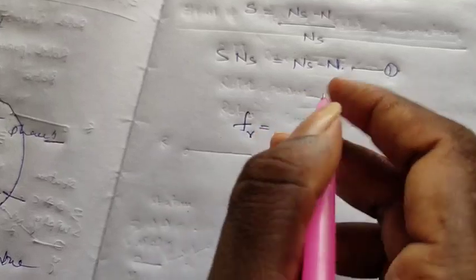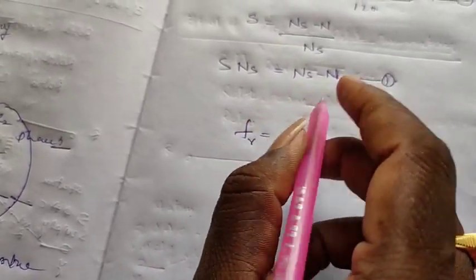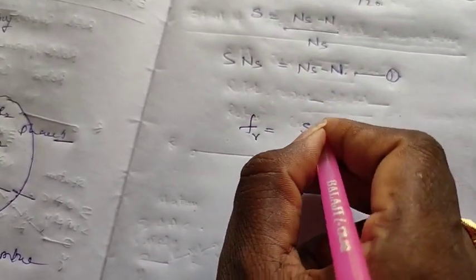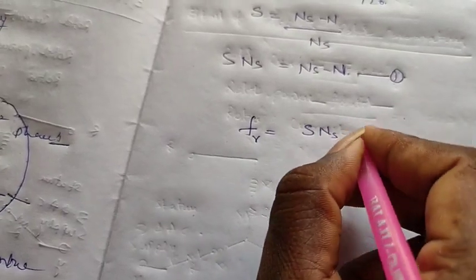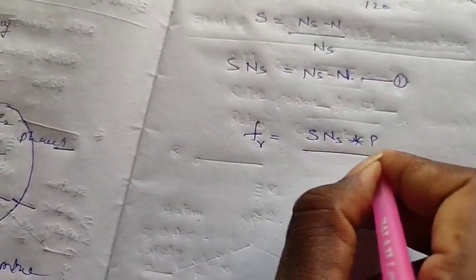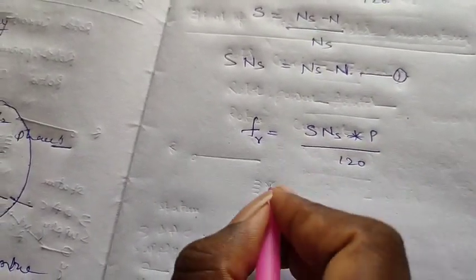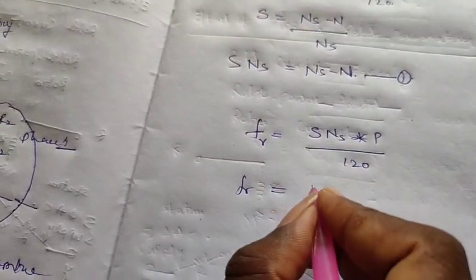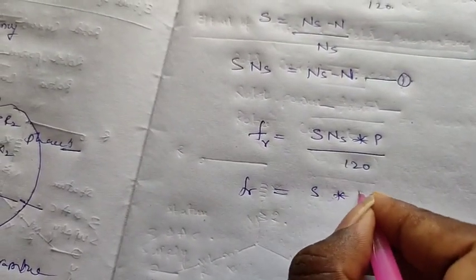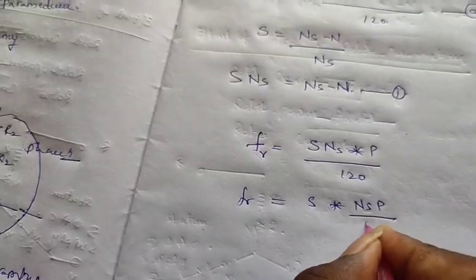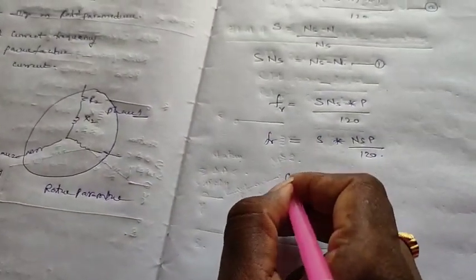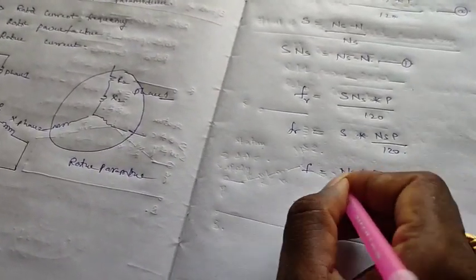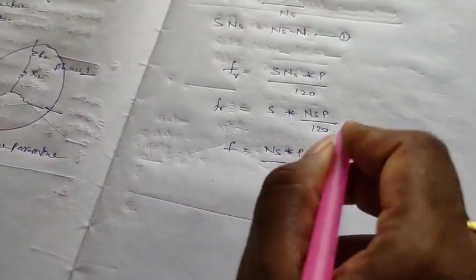So fr indicates frequency of the rotor, that is s into Ns into P divided by 120. We know that frequency is equal to Ns into P by 120.